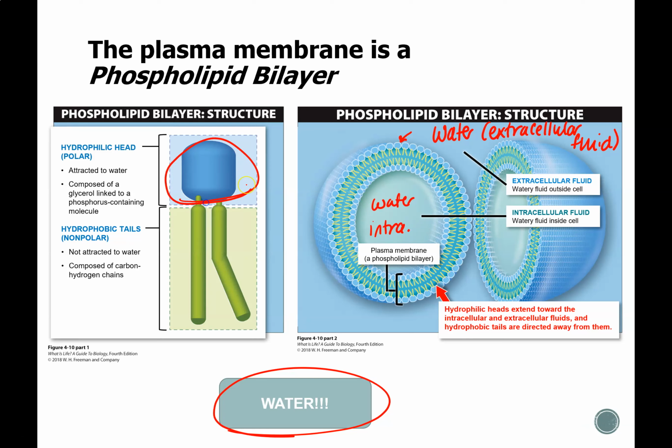So the hydrophilic polar sides of those phospholipids are going to orient towards the outside and inside, and the nonpolar sides are going to be attracted to one another, repelled by water, and face toward the inside. Now, all of these little phospholipids can shift and move and squirm around within their current plane, but they cannot flip.